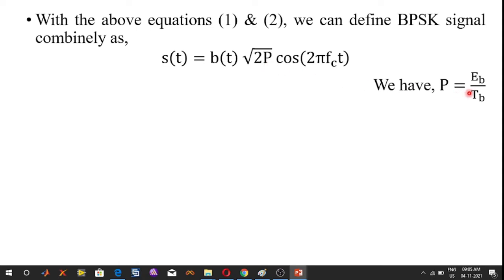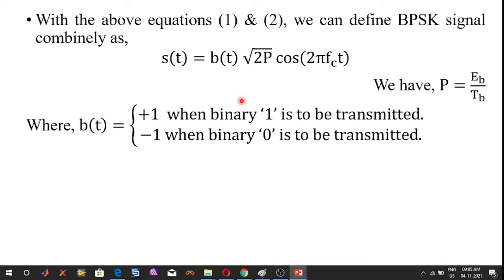The power P = Eb/Tb, where Eb is the bit energy and Tb is the bit duration, where b(t) = +1 when binary bit 1 is to be transmitted, and b(t) = −1 when binary bit 0 is to be transmitted.